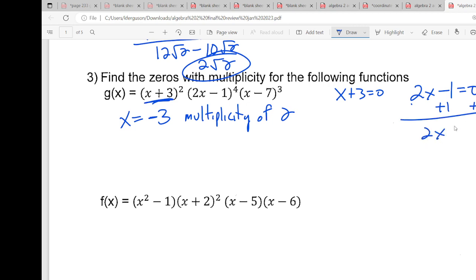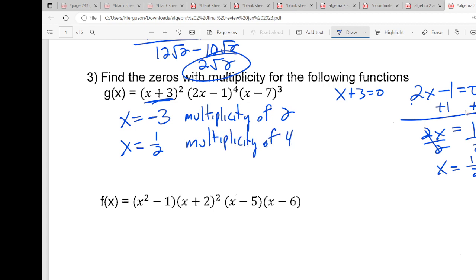So now that's 2x equals 1. Then I divide by 2. And now the 2's cancel off. x equals positive 1/2. So then this zero is x equals 1/2 with a multiplicity of 4. And then finally, this last one, I got x equals positive 7 with the multiplicity of 3.